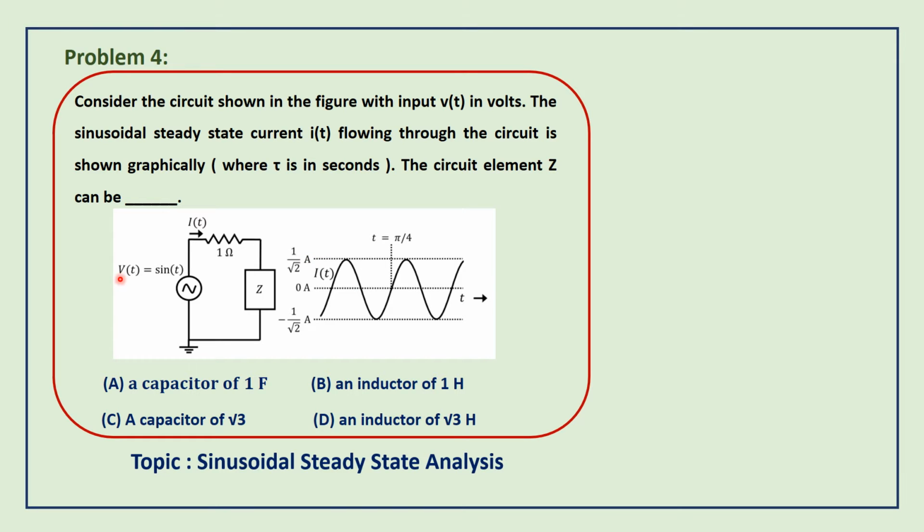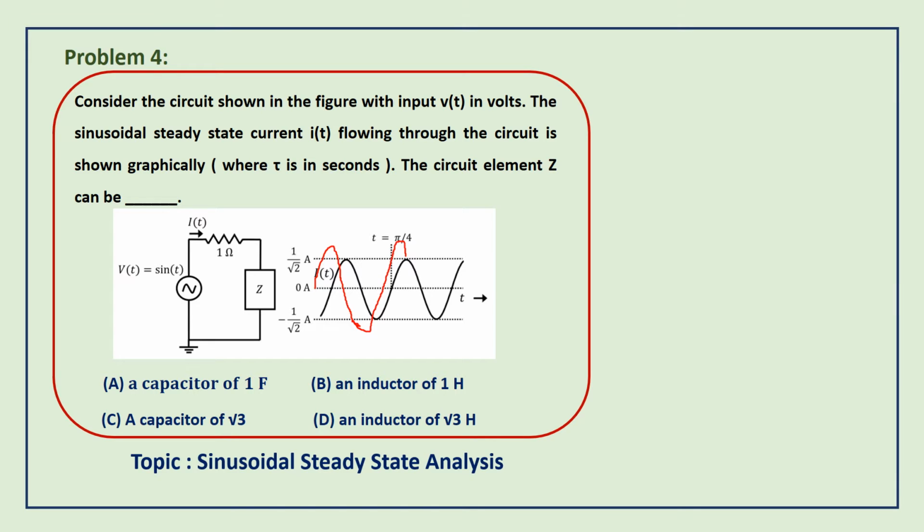From the V(t) signal itself, we can find the amplitude as 1. V(t) is a sinusoidal waveform, and it starts from 0 only. With this itself, we can find out the waveform. The waveform will be like this for the voltage signal.